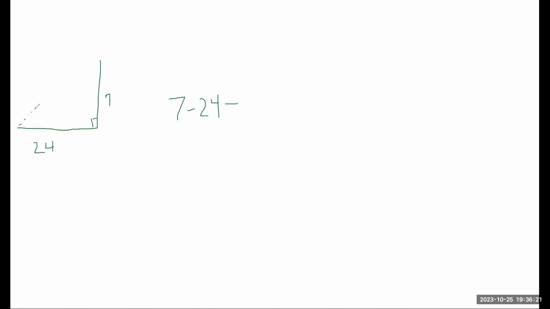And we're trying to find the length of the hypotenuse here. We'll use 7 squared, which is 49, and 24 squared, which I believe you got, 24 times 24.